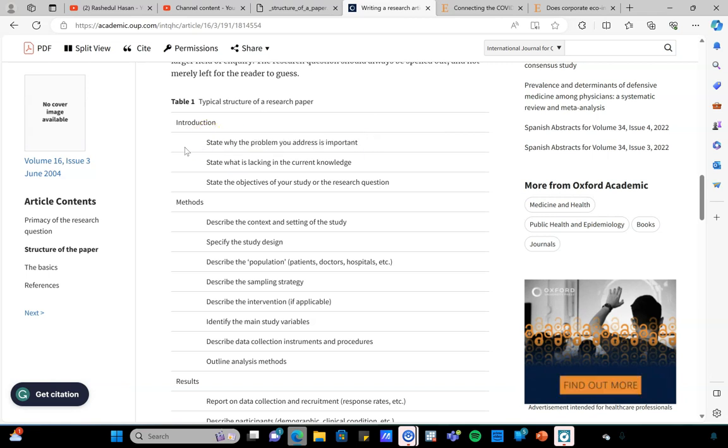And in most of the cases, if I am honest, I see that authors are mentioning that the research is important because there is not enough evidence, or in the past there have not been enough studies. Now, the issue is that I'm not saying that it is not a valid problem.